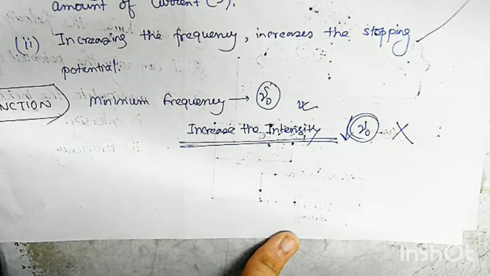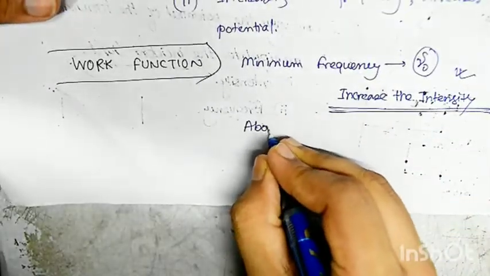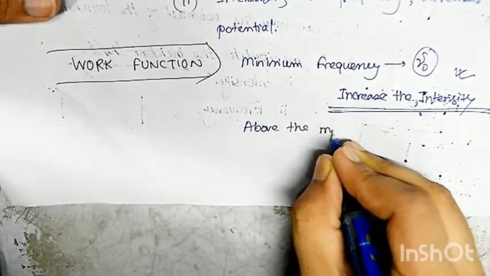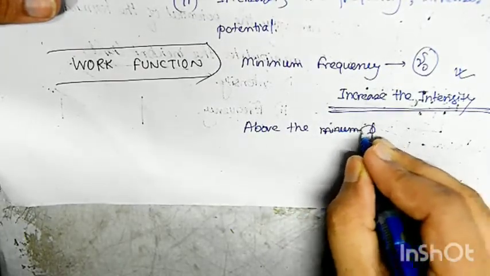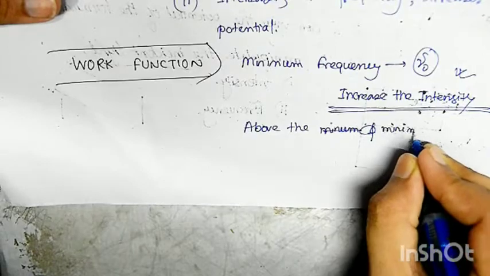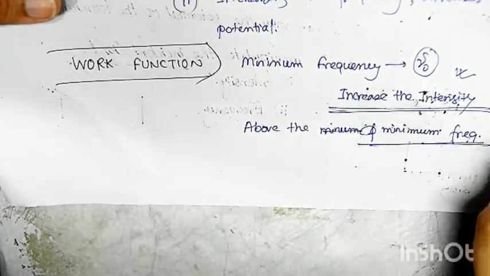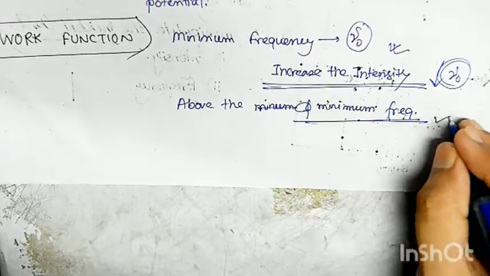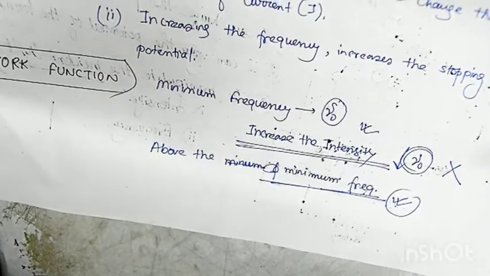That's very strange. But above the minimum frequency, yes, the same intensity of light creates a good amount of current flow.